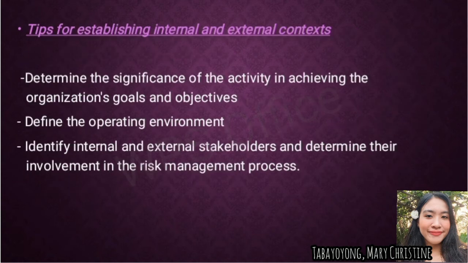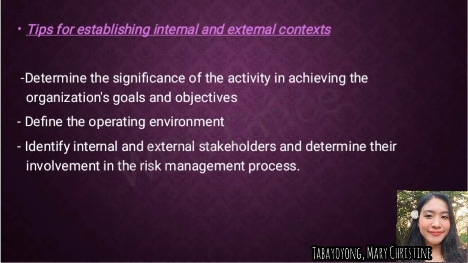Tips for establishing internal and external context. The first one is determine the significance of the activity in achieving the organization's goals and objectives. The second one is define the operating environment. And the last one is identify internal and external stakeholders and determine their involvement in the risk management process.